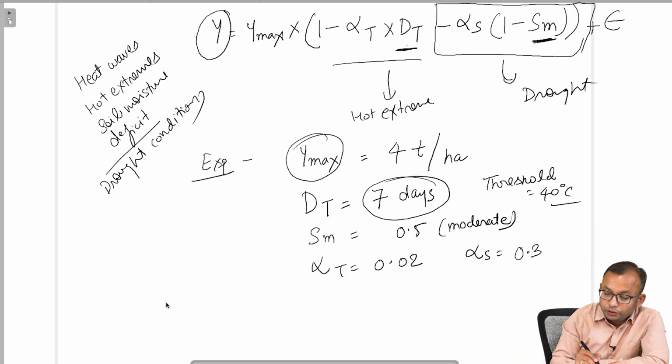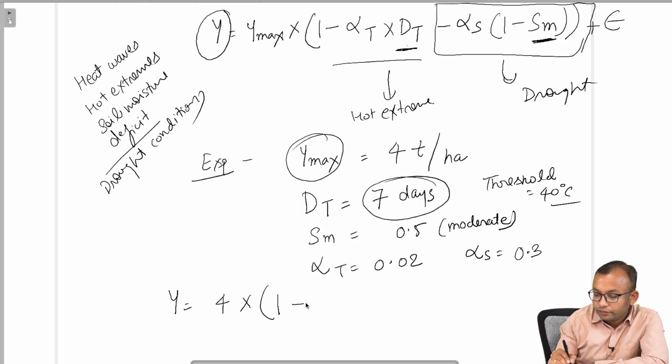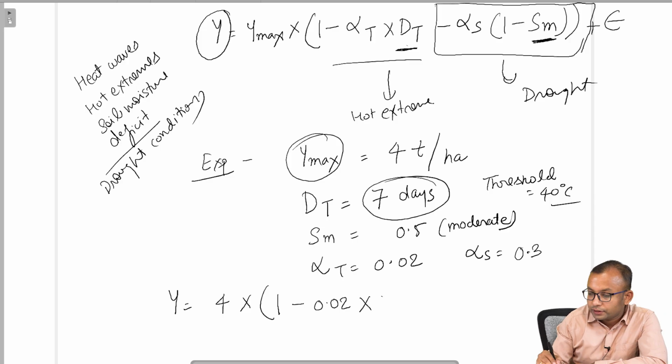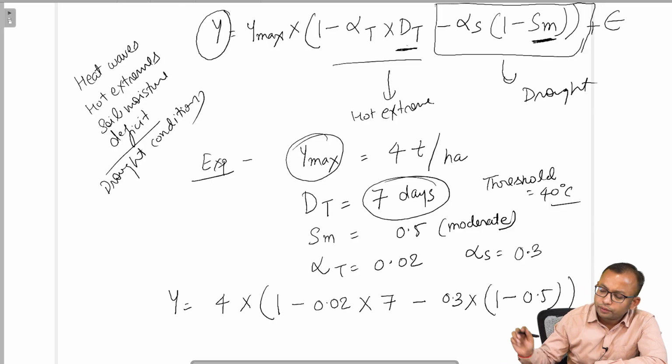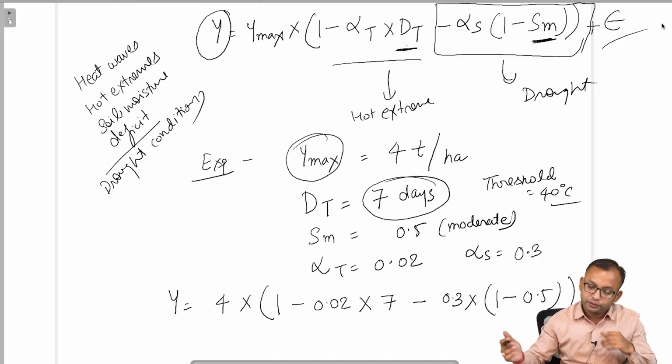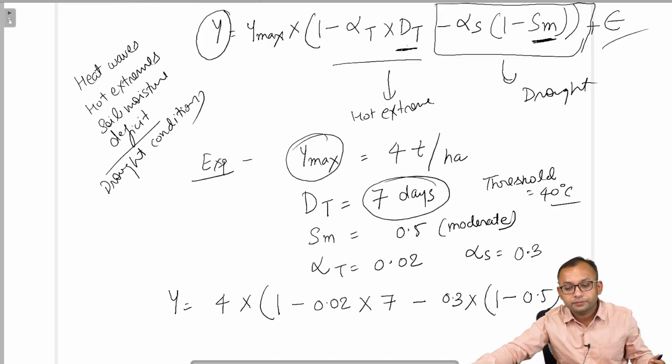So, we put these values together here. y is equal to y max, which is 4, multiplied by 1 minus alpha t, which is 0.02, multiplied by 7 days, minus alpha s, 0.3, multiplied by 1 minus sm, where sm is 0.5. The error term E we do not know, we can calculate separately.